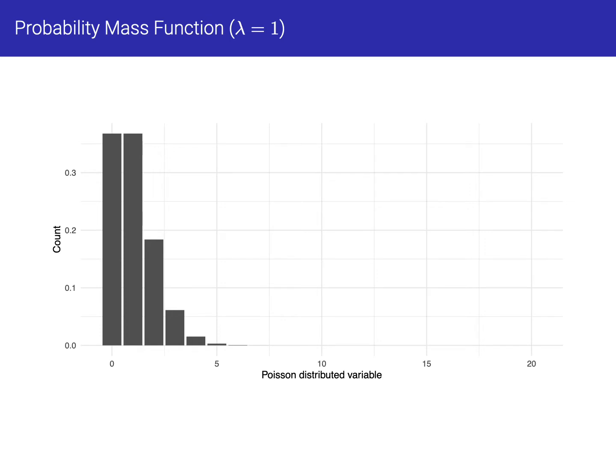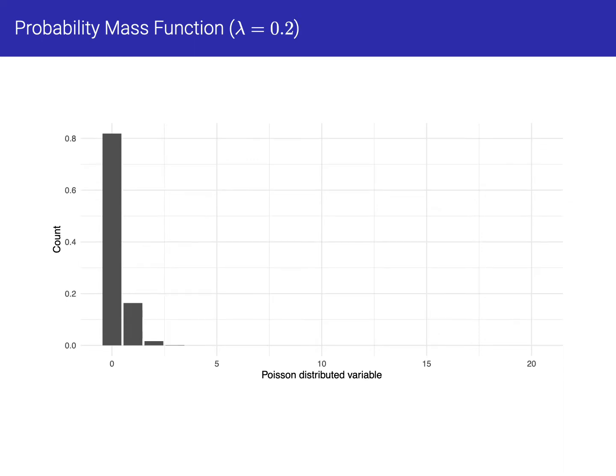For 1, the probability to observe a 1 is about similar, so around 0.33. To observe a count of 3, the probability starts to decrease at around 0.18 or something like that, and then it further decreases.